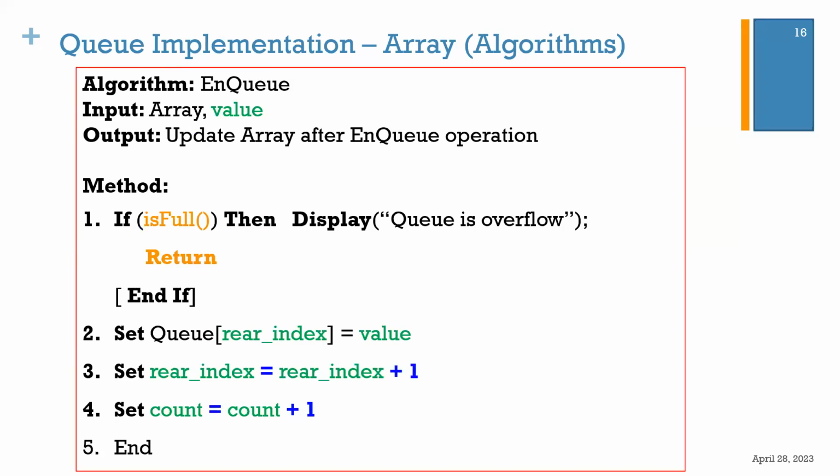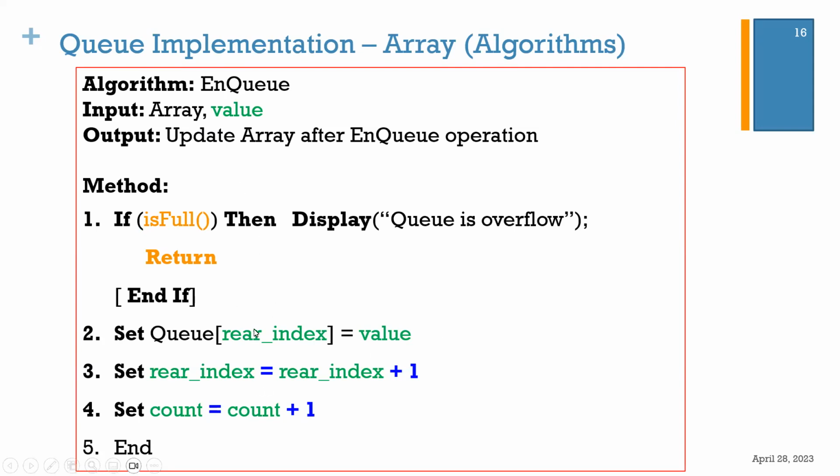To enqueue, first check if your queue is full. If so, display queue overflow. Otherwise, set queue of rear index equal to value, so our value will be added at the current rear. Current rear means that's the empty cell that will receive the new element for enqueue.